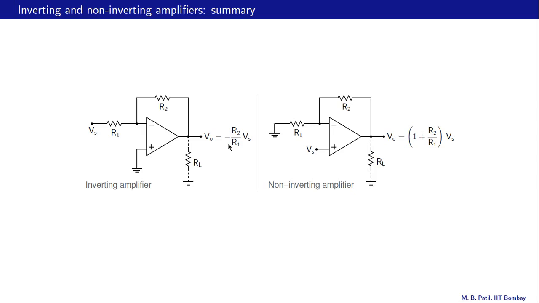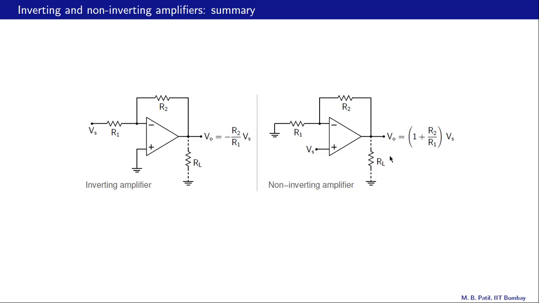The inverting amplifier, of course, has this negative sign in the gain. Apart from that, note that we have only one term in this expression. Here we have two. And let us see where this term came about. V minus in this case was 0, and the output voltage was 0 minus this drop. And what we see here is essentially just this drop, because V minus was 0.